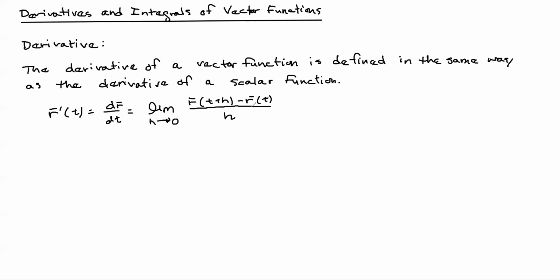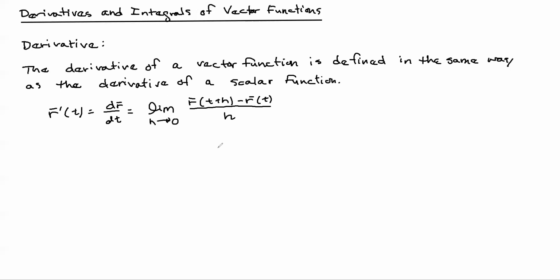Okay, so that's the same definition, if you go all the way back to Calc 1, that we use for defining the derivative of scalar functions, right? Instead of having an r with a vector function, we have f, and f, and f. And so you go through and do the exact same thing that you would with a scalar function.